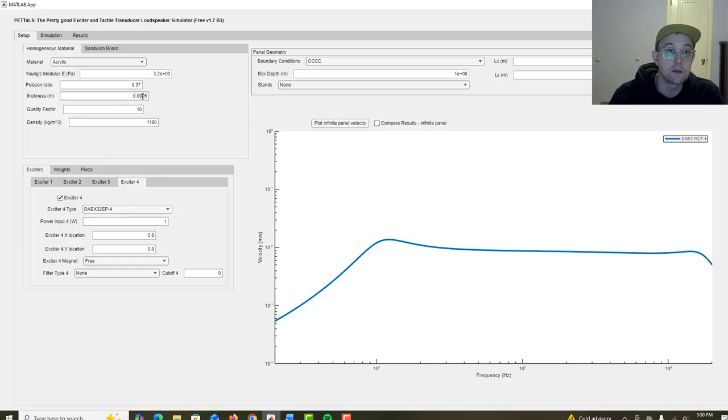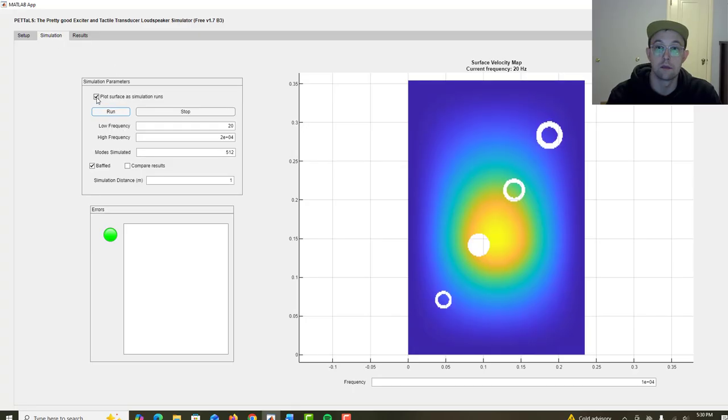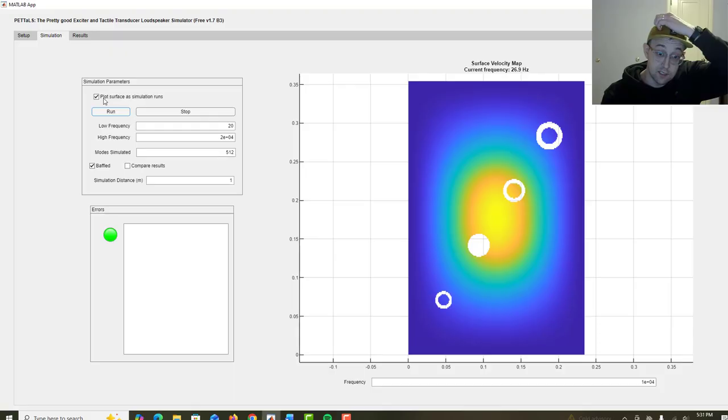And I'm going to set this back to 3 millimeters thick. Okay, so we're back to 512 modes, and we've got 4 exciters on the panel that are all being driven with 1 watt of power. We'll see that we can look at the impedance of each exciter individually. So I'm going to let this run, and then I'll look at the results when they're done.